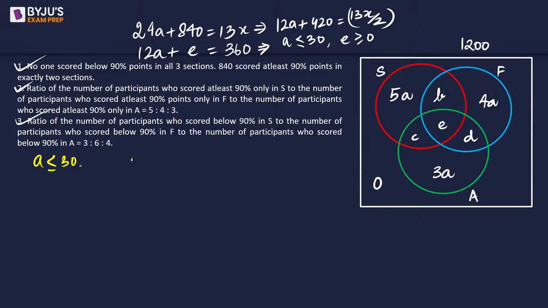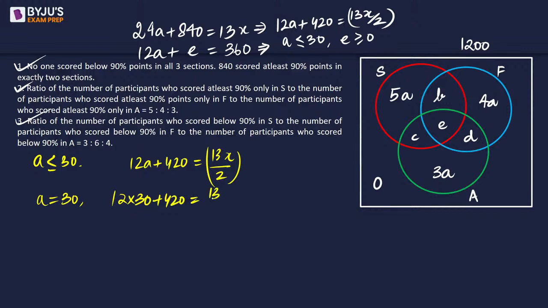And the second one is 12a plus 420 is equal to 13x upon 2. अब यहाँ पर if I take a is equal to 30, if I put it over here, this will result in x is equal to 120. Next value of a that I can take after 30 is going to change by 13, है ना? A 13 से change होगा.